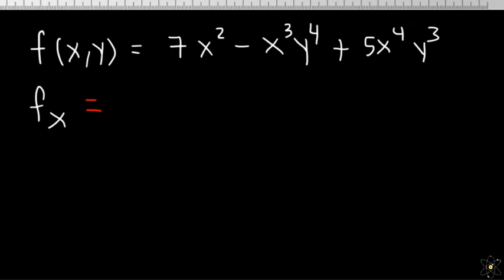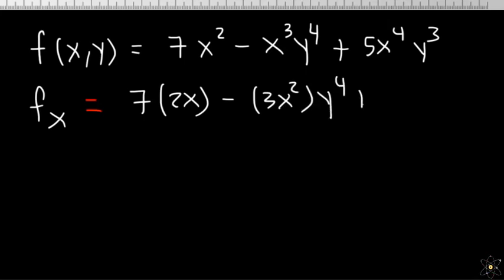So what is the derivative of x squared? The derivative of x squared is 2x. Now what about the derivative of x cubed? We know it's 3x squared. Now y, we're going to treat as a constant, so we're just going to rewrite it. The derivative of x to the fourth is 4x cubed. And then we won't change the y to the third.